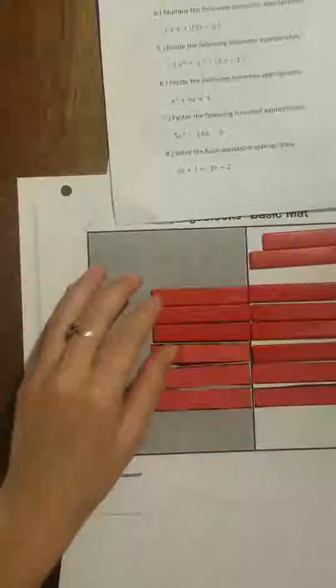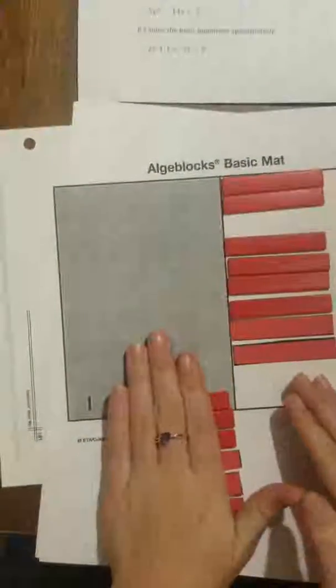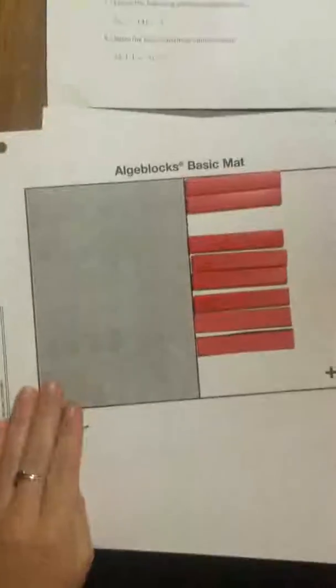Now we got our 6 zero pairs here. We don't do anything up here. And subtract says it's going to take away negative 6. So we take it all off the negative side.